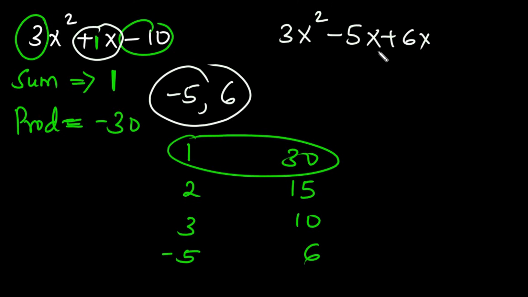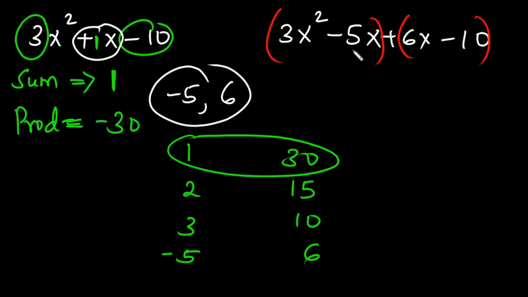Okay, that is the same as writing 1x, because negative 5x plus 6x is x, and then plus negative 10. Okay, so as we said, we are going to group them this way. We are going to have that one and that one.